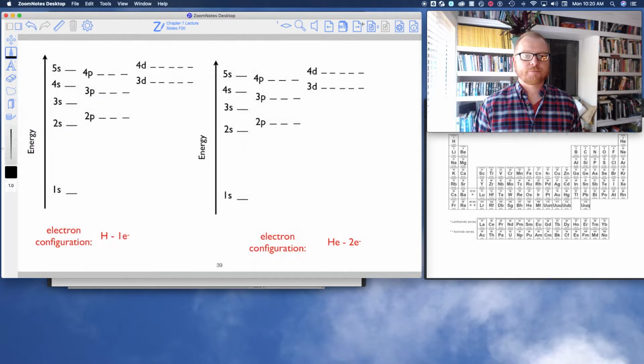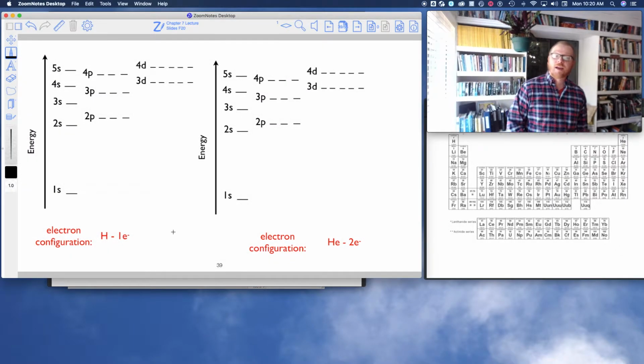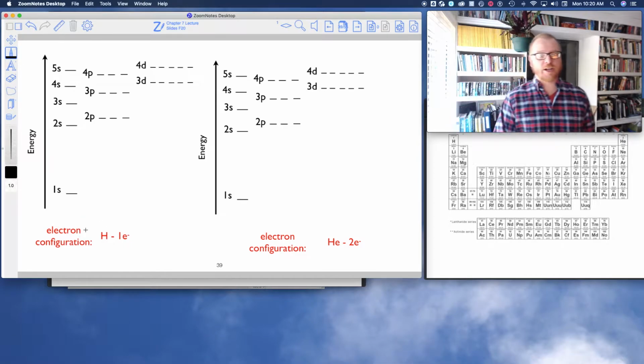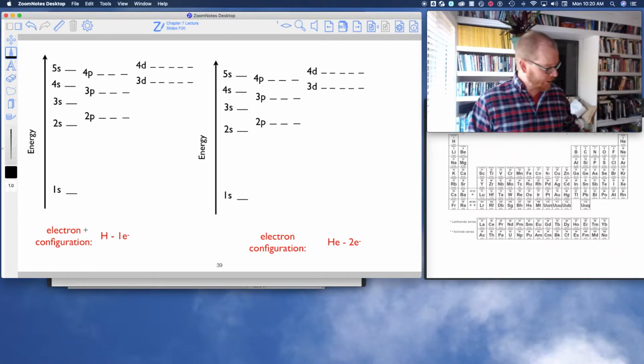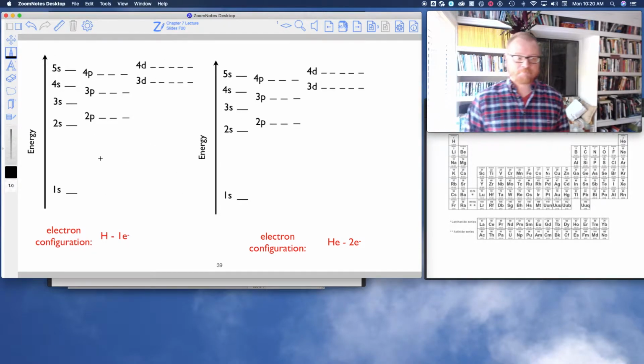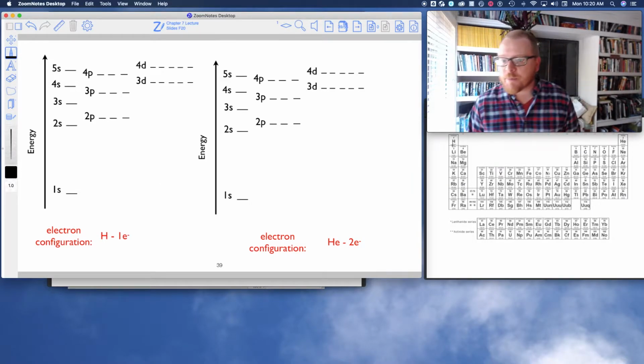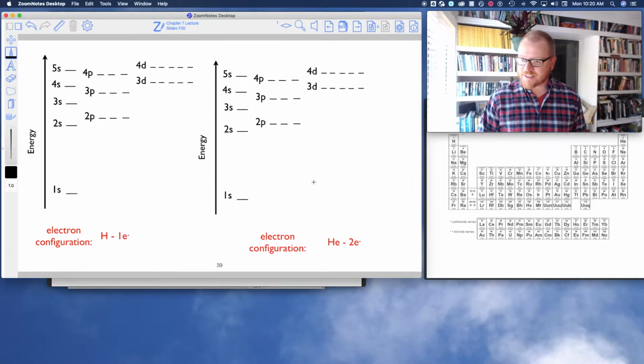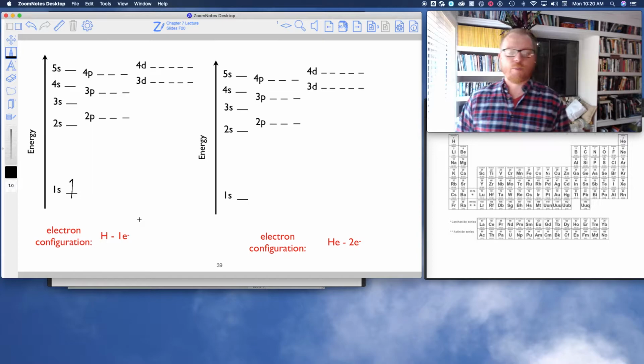Let's start with hydrogen. I'm also going to introduce something called electron configuration, which is a type of notation that we use to summarize this diagram. Hydrogen on the periodic table, there it is. It only has one single electron, and I put that electron into this orbital by drawing an arrow pointing up.